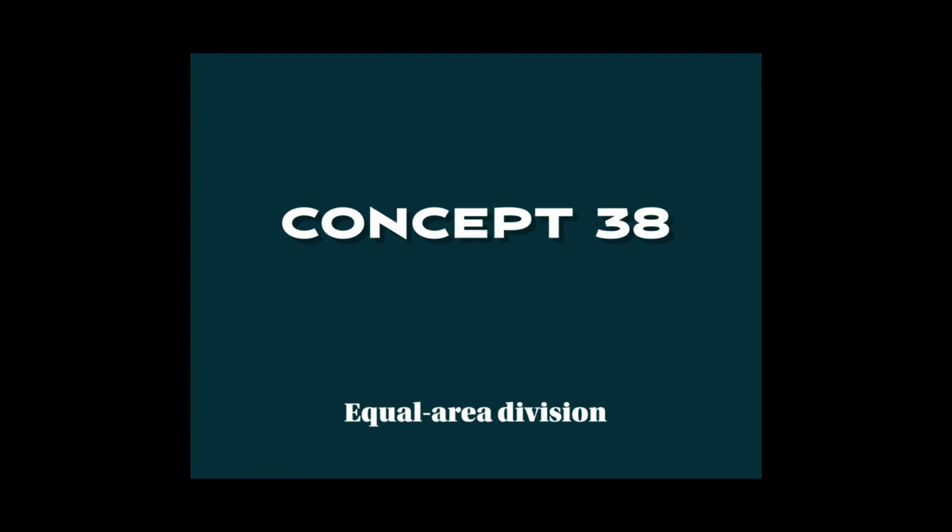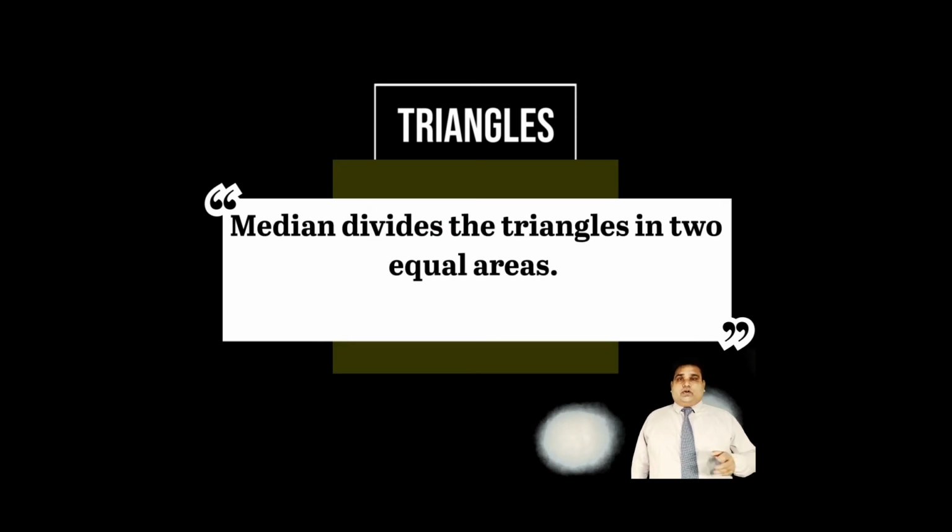Now the next concept is concept number 38, equal area division. As we can see in the diagram, we have triangle ABC, where AE is a median, CD is a median, and DF is a median. Interestingly, a median divides the triangle into two equal parts.